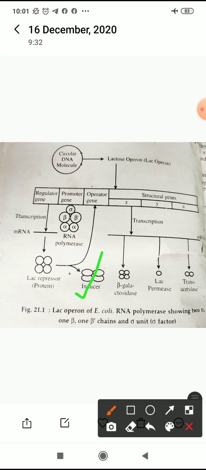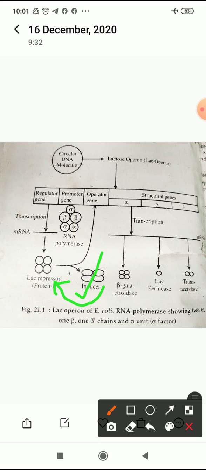The inducer binds to the repressor protein and prevents the repressor from blocking transcription of mRNA on the structural genes.